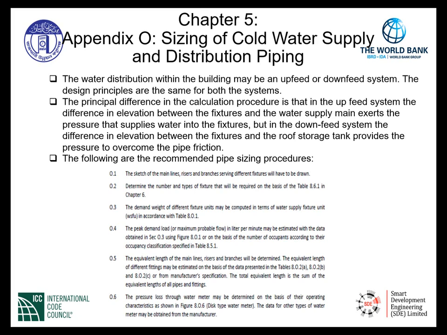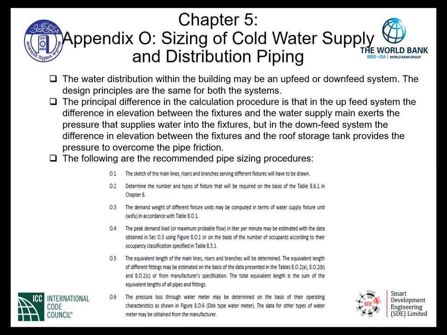0.6, the pressure loss through water meter may be determined on the basis of their operating characteristics, as shown in Figure 8.0.6, referencing the disc type water meter. The data for other types of water meters may be obtained from the manufacturer.